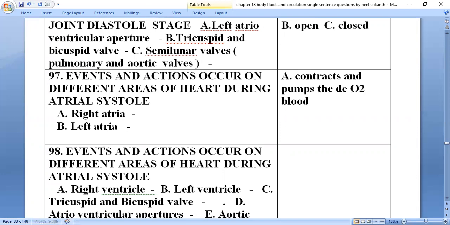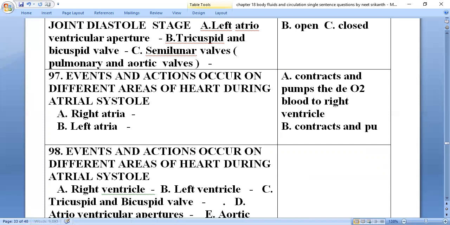Notice earlier also the right atria was pumping blood in diastole, that is passive filling. And now it is 30% active filling, it contracts and pumps the deoxygenated blood to the right ventricle. Next, what are the left atria doing?